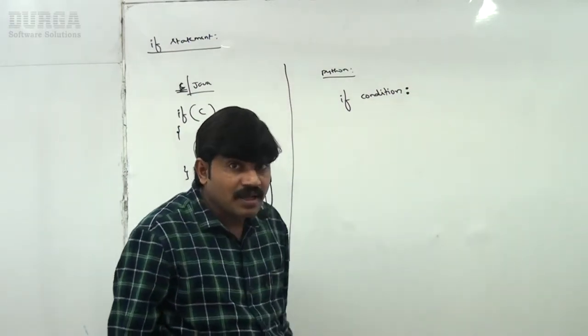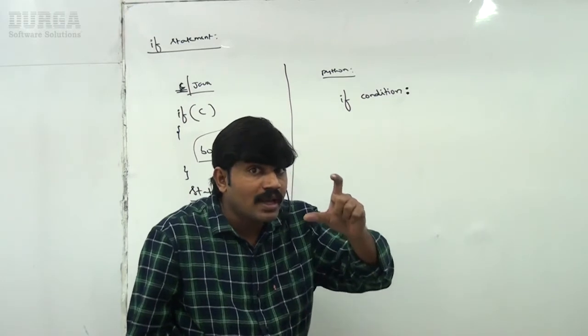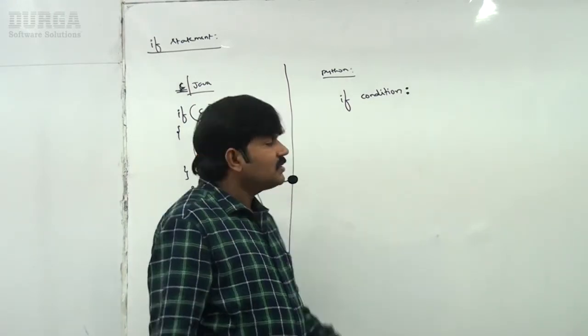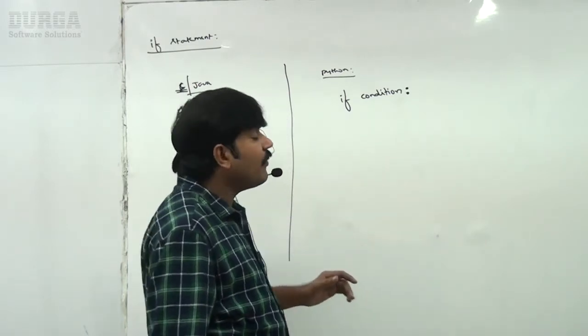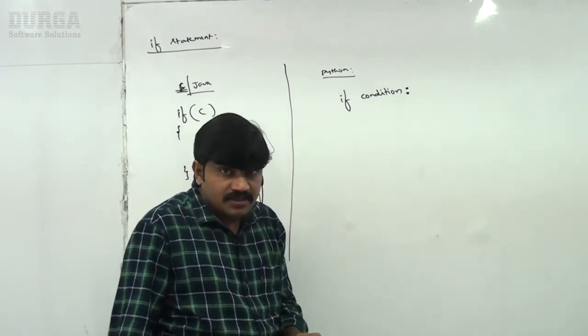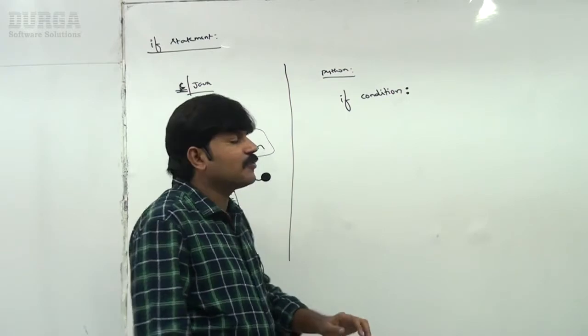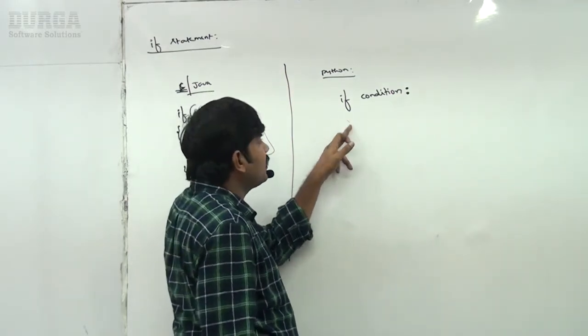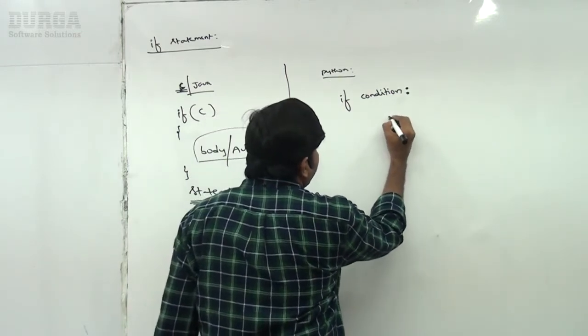So in Python, anywhere we take a colon, it means we are defining a block. After the colon, now I have to define a block of statements. Correct or not? This block of statements should not start from here. Compulsorily we have to take some space here.